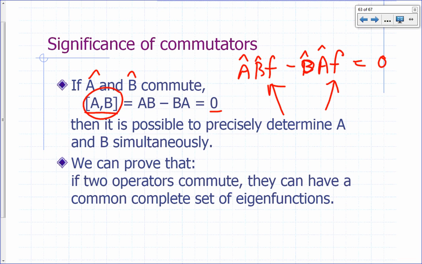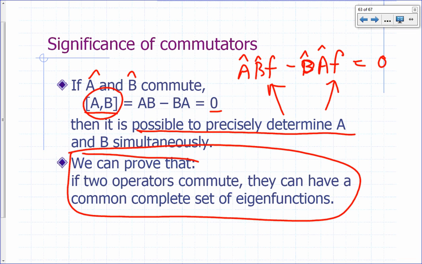Well, if that is the case, you can prove that it's possible to precisely determine A and B simultaneously. And the reason for that is we can prove that if two operators commute, then you can find a common complete set of eigenfunctions for them.